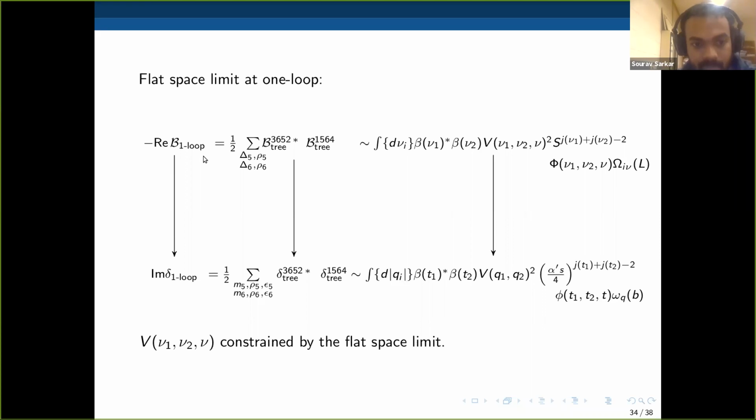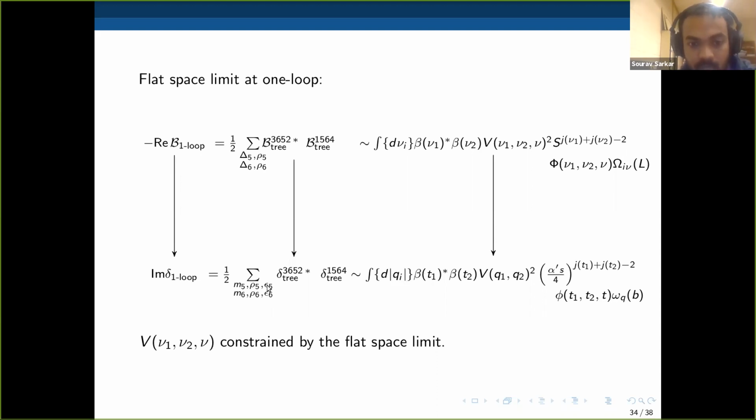And now we can map each quantity to its flat space analog. Because B went to i delta, the real part of beta one loop here goes to the imaginary part of delta one loop, and this one also goes to the flat space limits.